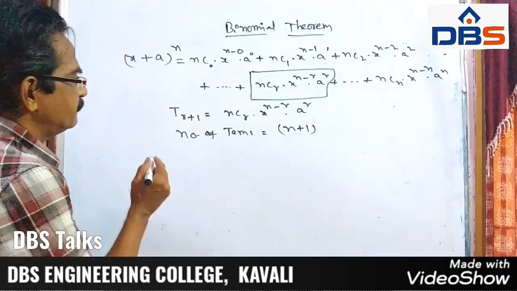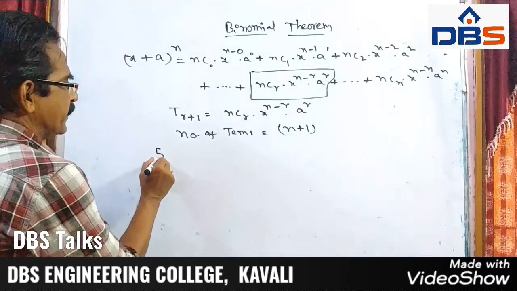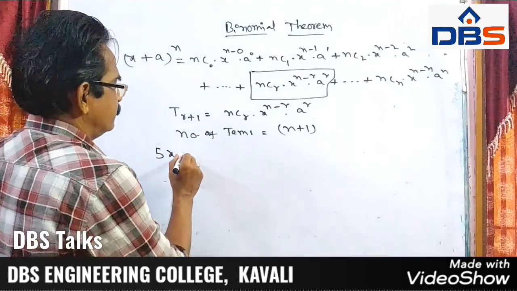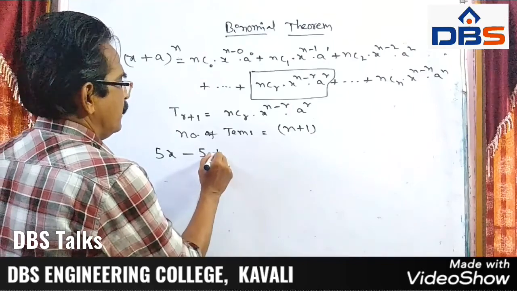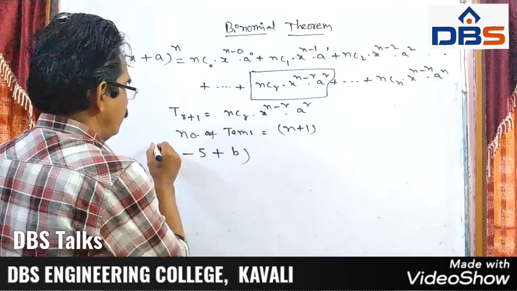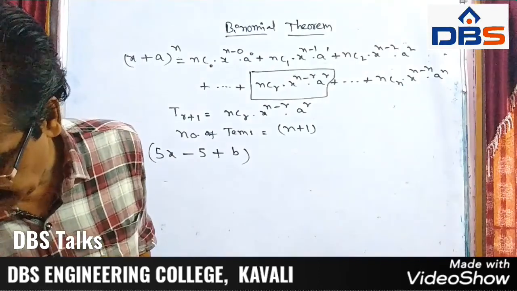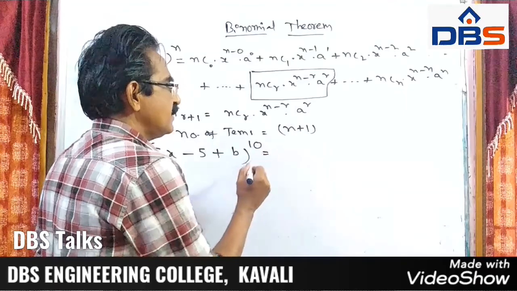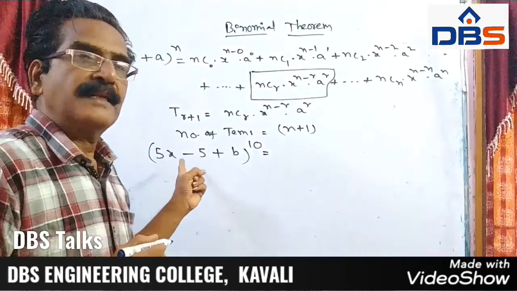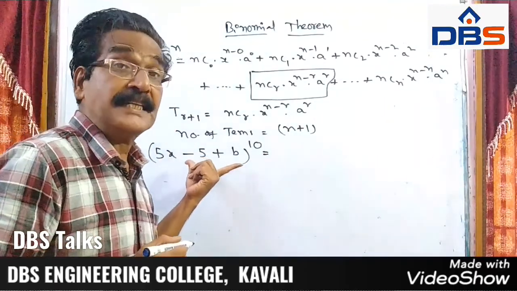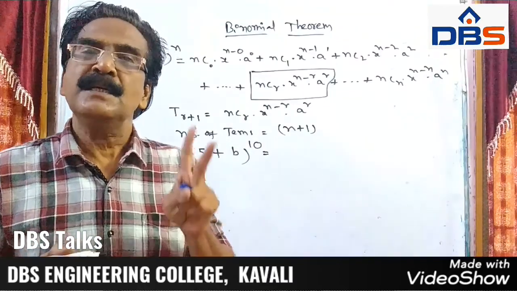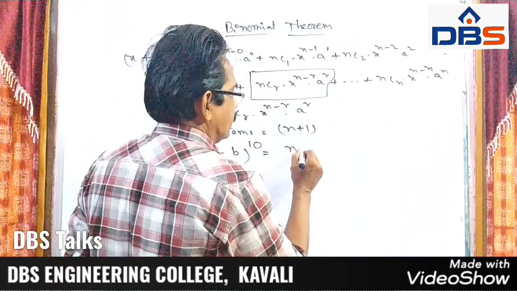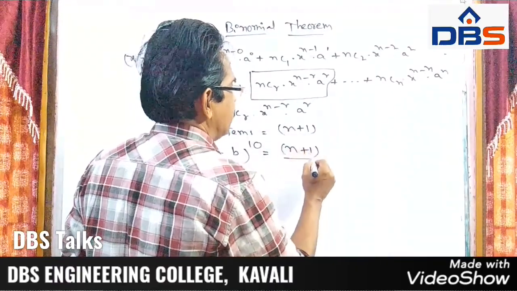Number of terms in 5x minus 5 plus b, 5x minus 5 plus b whole power 10. Friends, here the number of terms are 3 terms. For two terms we know n plus 1 by 1.